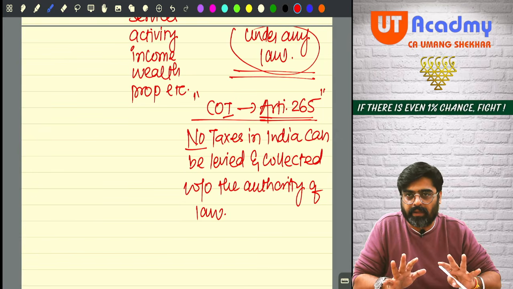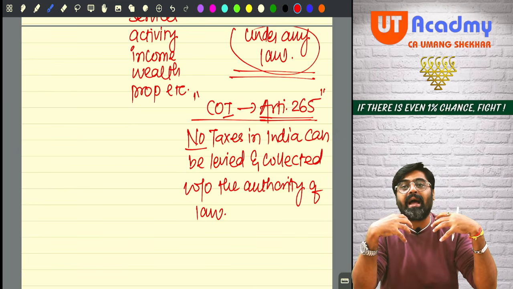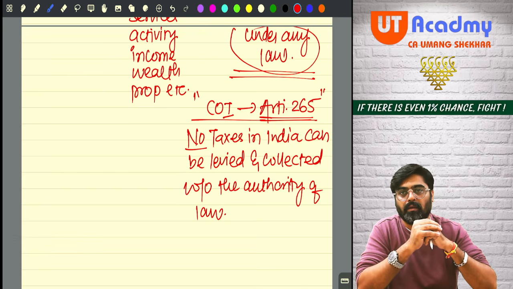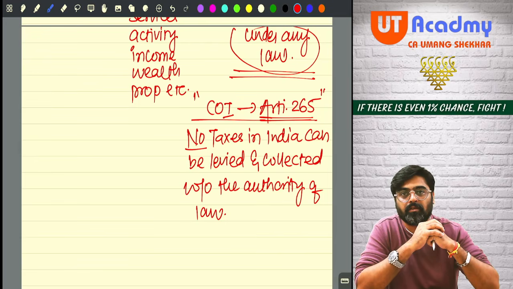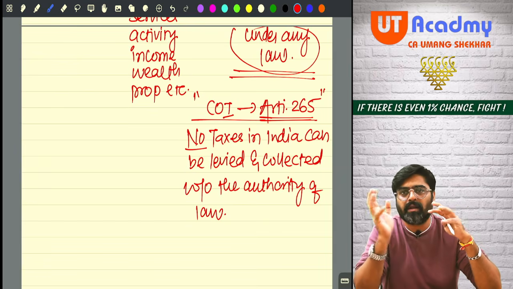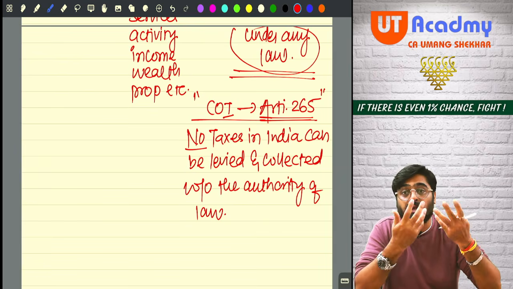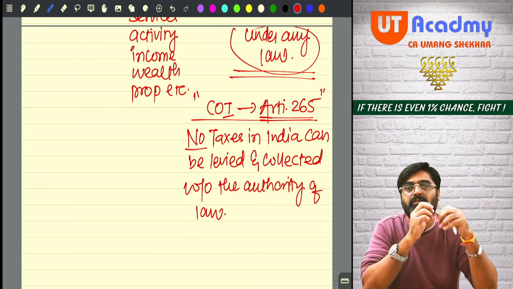A very important thing comes here: to run this entire country, the government has to spend money. For example, the government has to spend money on infrastructure facilities, like railways, bridges, dams and roads. To construct and maintain them, the government needs to spend money.